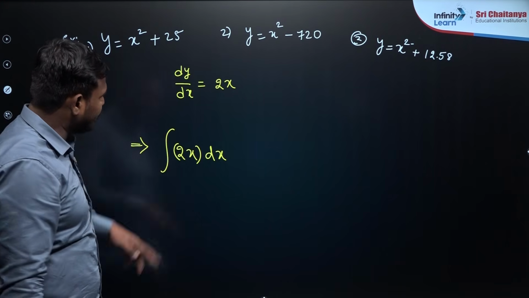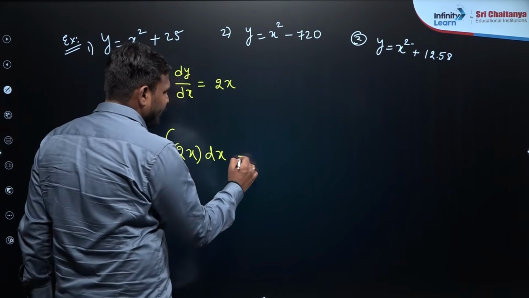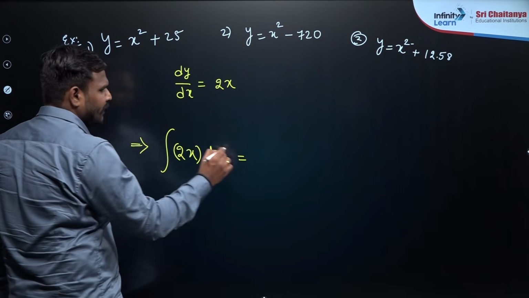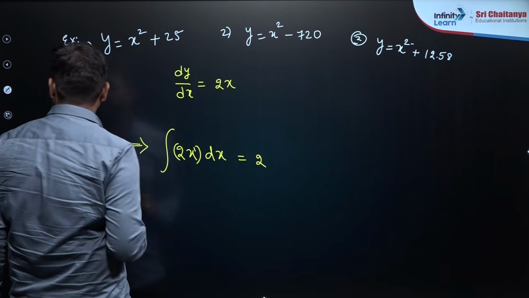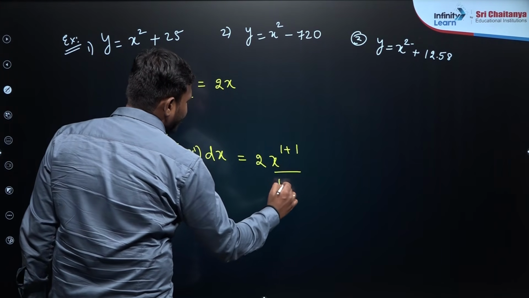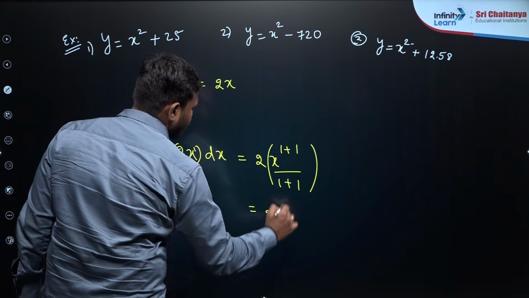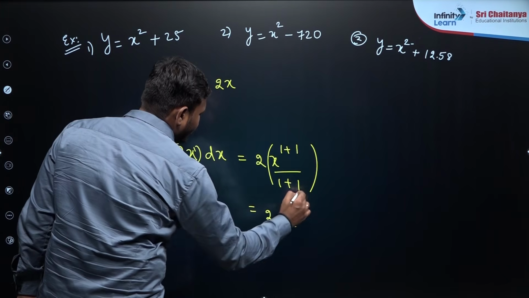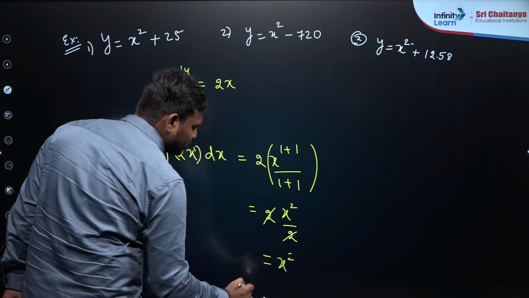And when you integrate it, keep the constant 2 outside and x power 1. So x power 1 plus 1 by 1 plus 1, x square by 2. It is coming as x square.